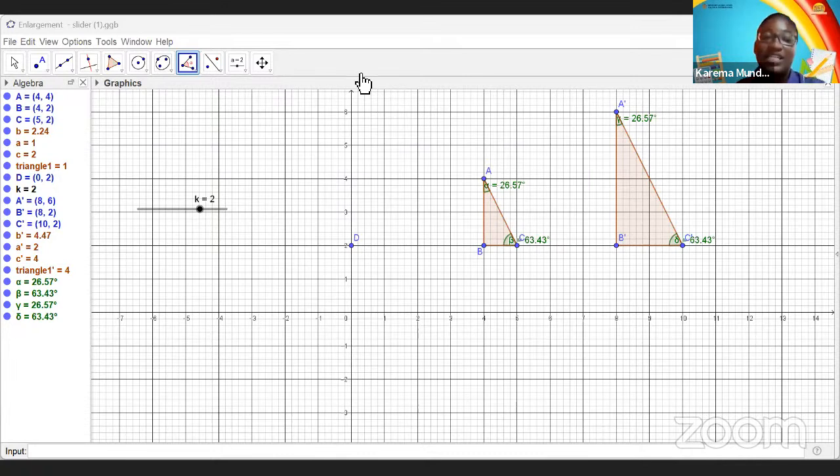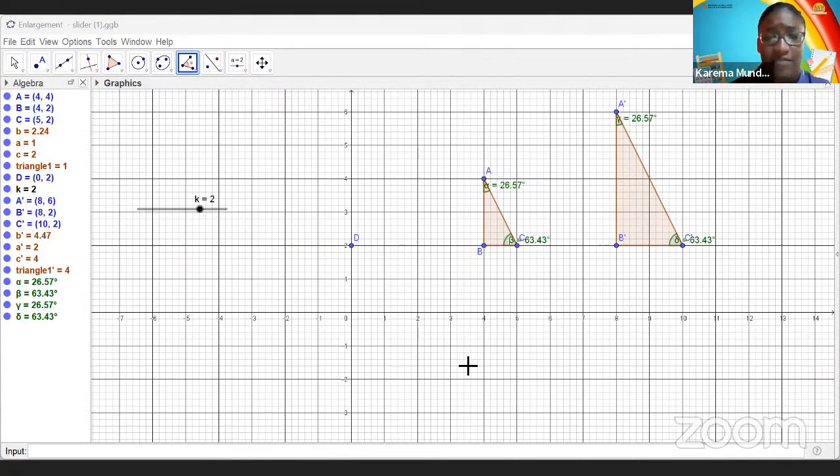So the triangle has changed in size in terms of the length, in this case being magnified. But the angles are the same. And so we say they are similar. So those are some of the things that we're noticing about the enlargement.